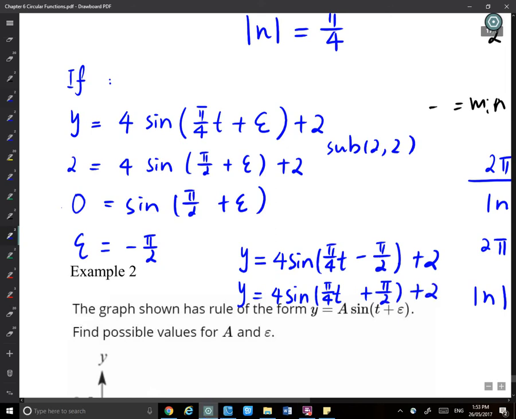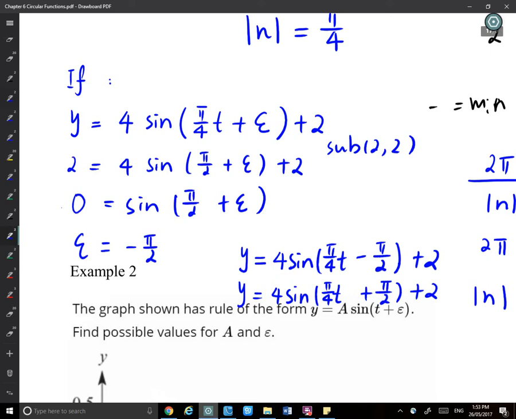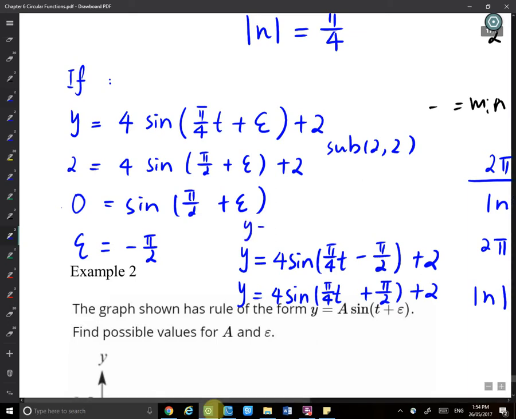It's still the same. Well, I can also go for that. That's correct as well.